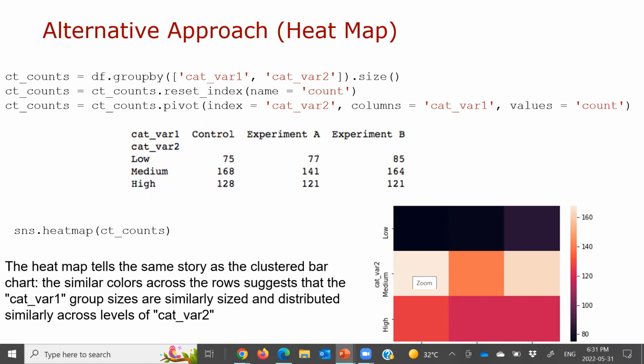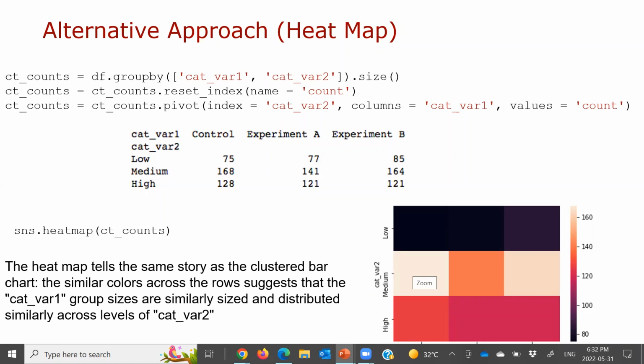The last step is to do something called pivot. It means convert the row into column. And here, the index is actually the row, and this is the column. Category variable 2 is going to be the row, and this one is going to be the column, and the values are going to be the count that I have.